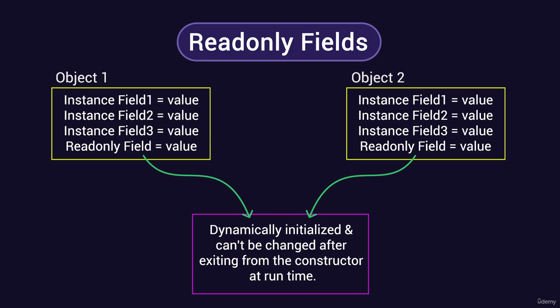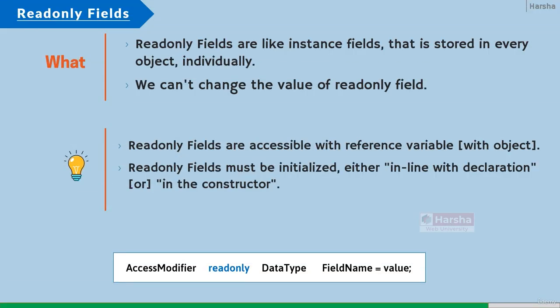For example, in the student class, the registration number can be an example of a read-only field because once you initialize it, you don't want to change the registration number of the student later. And another point is, constants can also be declared inside the method. They are called local constants. But read-only fields must be declared in the class only. They cannot be declared as a local variable in the method.